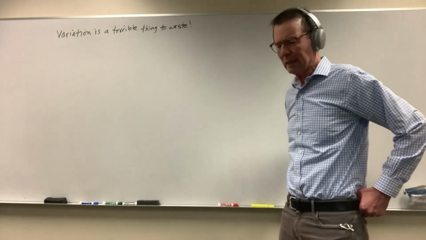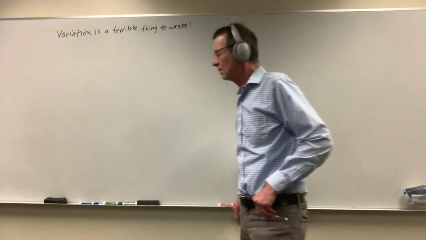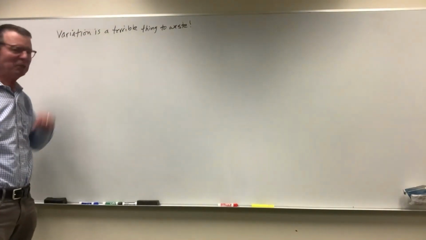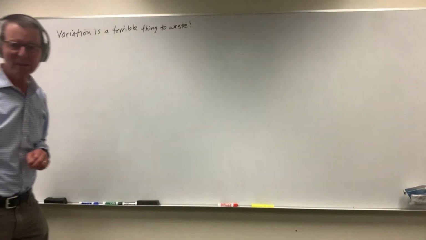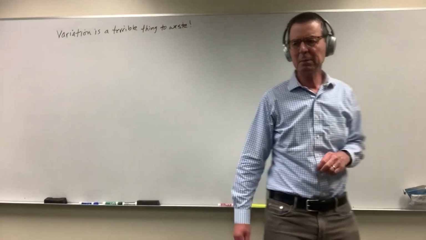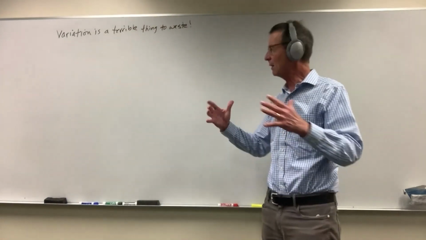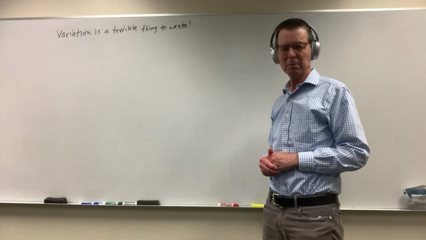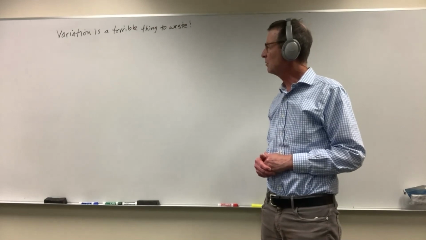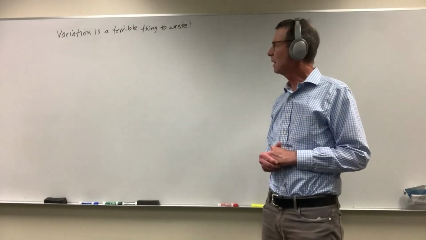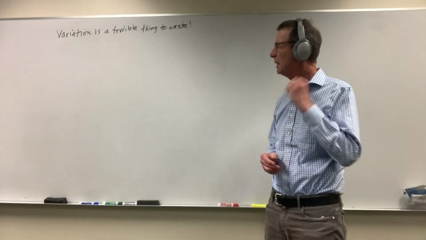So let me just comment first of all on a general principle in statistics that variation is a terrible thing to waste. In particular for a dependent variable, right? So we had a nice continuous years of education variable. It wasn't perfectly normally distributed, but it had a range from 8 years up to 18 years.